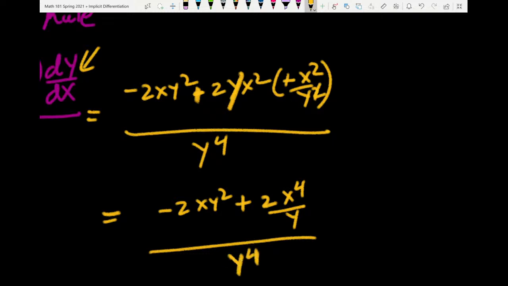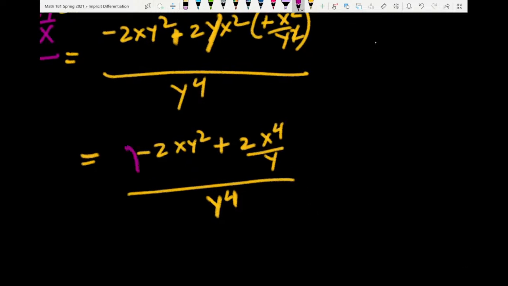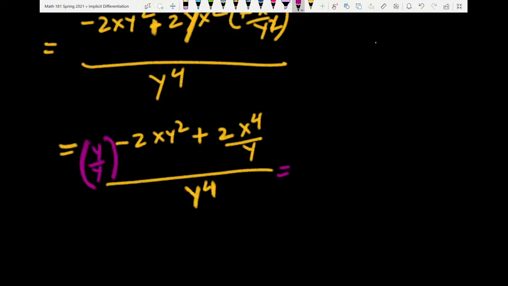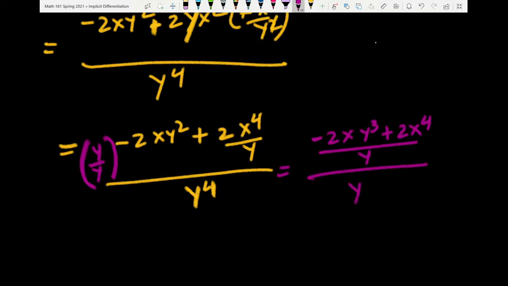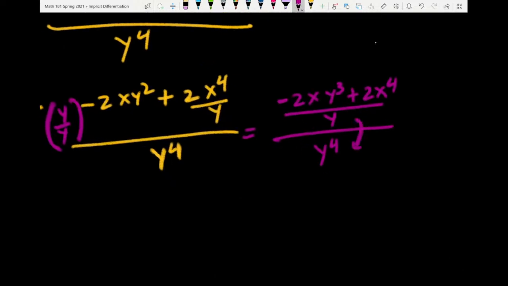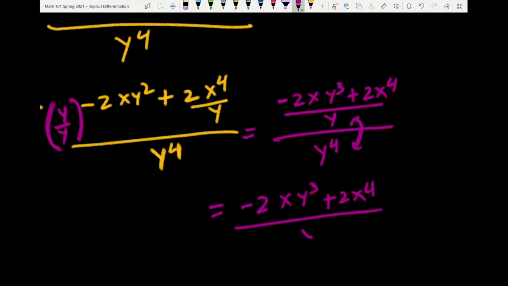Here's the reason why, because we have a fraction within a fraction. Let's do the common denominator. When we do that, we get negative 2x y to the third plus 2x to the fourth over y to the fourth. And we know this goes down. So negative 2x y to the third plus 2x to the fourth over y to the fifth. Whew, that was a hard problem.